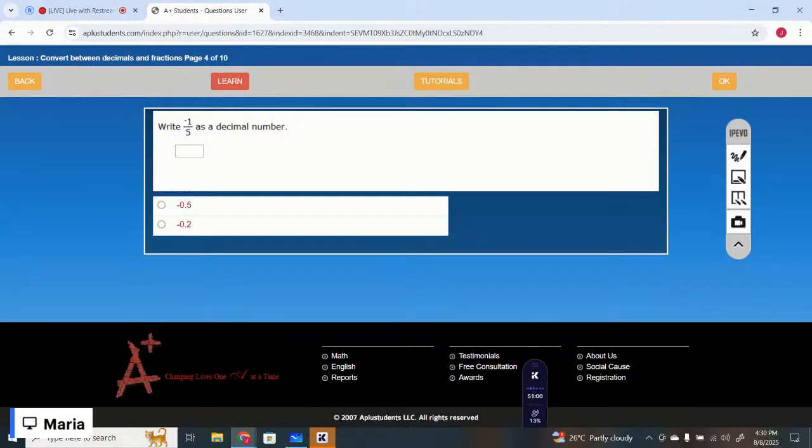Write -1/5 as a decimal number. So which is the correct option?